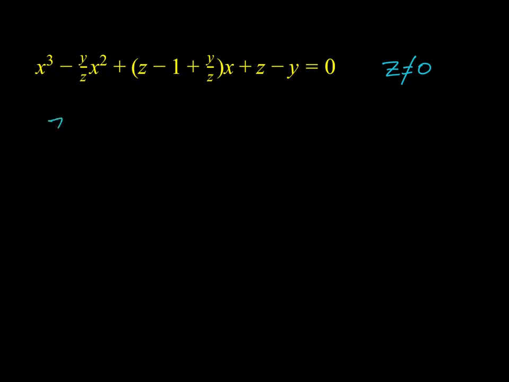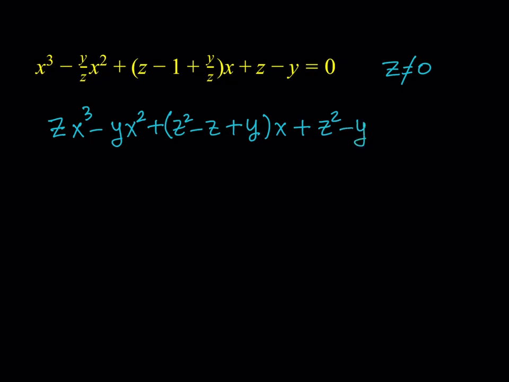So therefore, we're going to get rid of the fractions. So we'll get zx cubed minus yx squared plus z squared minus z plus y multiplied by x plus z squared minus yz is equal to 0.